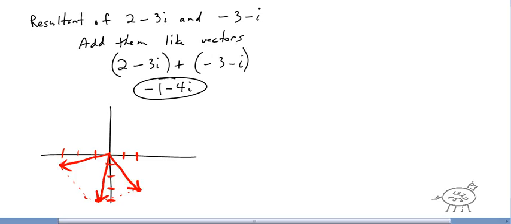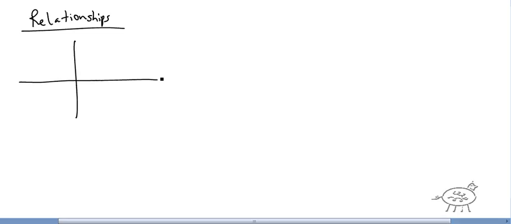All right, so let's talk about the relationships. If I make a quick sketch again here, and you notice I'm making a lot of pictures, pictures are really important for this whole chapter. I'm going to pretty much draw a picture for almost every problem to convert between rectangular and polar, and there's a lot of pictures involved here.